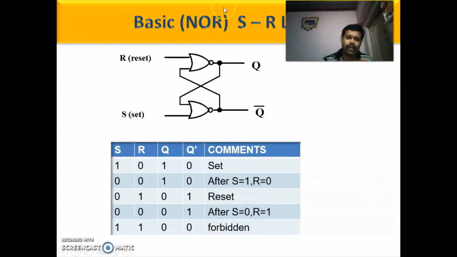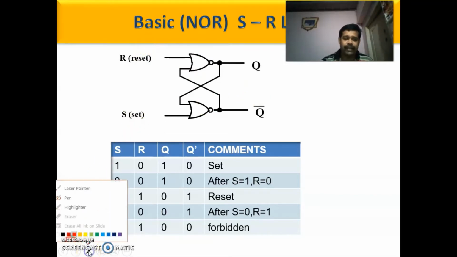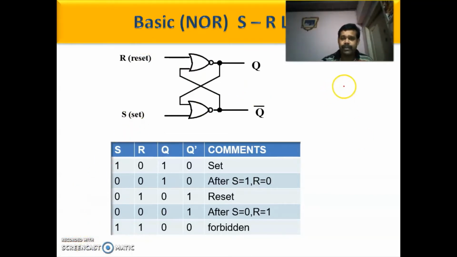Now this is the truth table of your basic NOR SR latch. You have two inputs, S and R. We know that with two inputs, there can be four combinations: 0 0, 0 1, 1 0, 1 1.